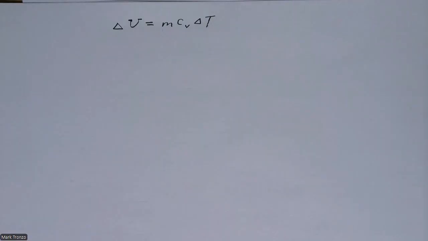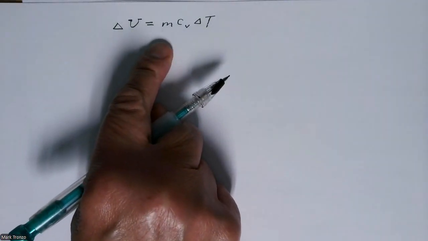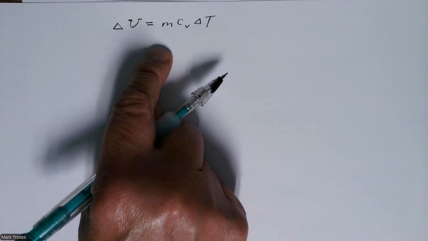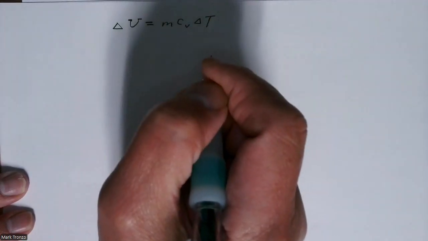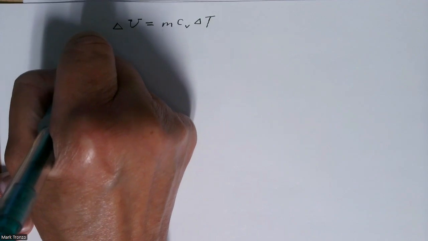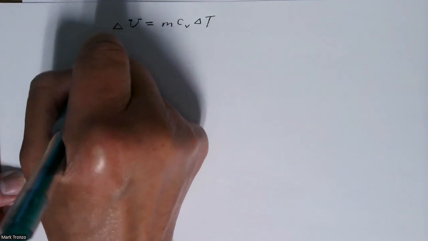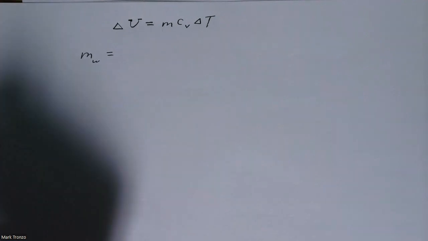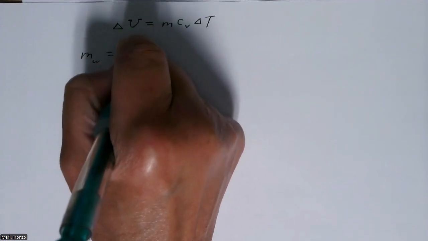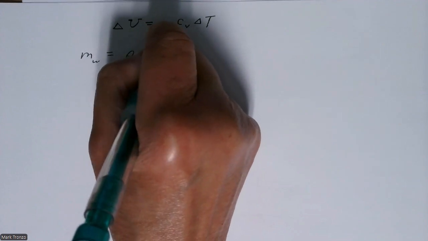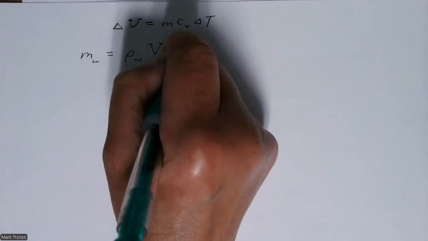And also, we're going to end up needing the mass of the water. We have the mass of the aluminum. So the mass of the water is going to be the rho of the water times the volume of the water.